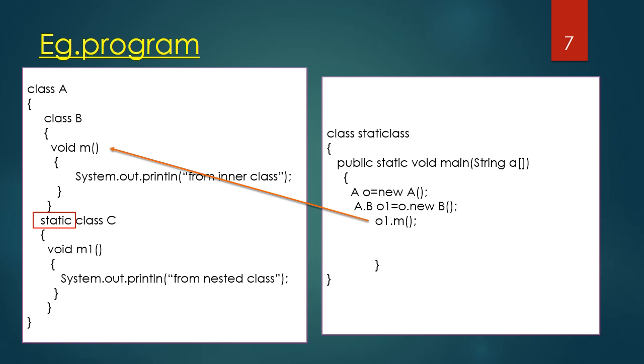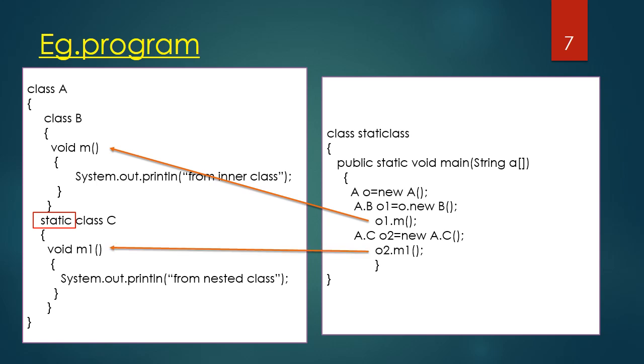Next, to create an object of the C class, this is the way. Since class C is static, it is accessed using its outer class name. So A dot C O2 equals new A dot C. Here O2 is the object of the C class. Using that we can call O2 dot M1.